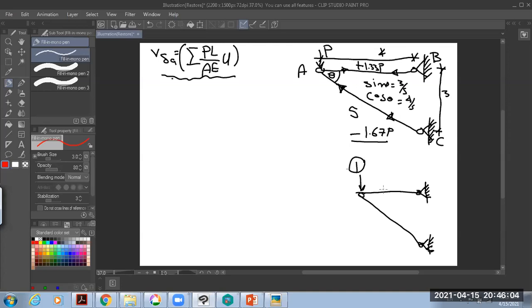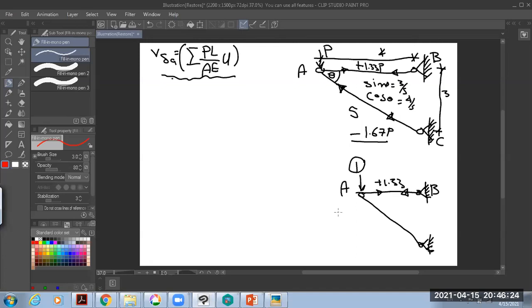What does this 1 mean? That means the internal forces due to this load in member AB will be tension, 1.33 plus.